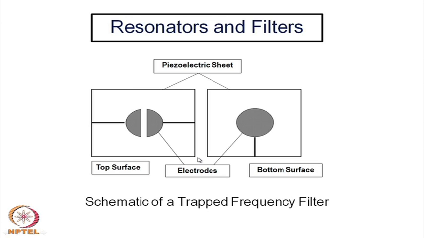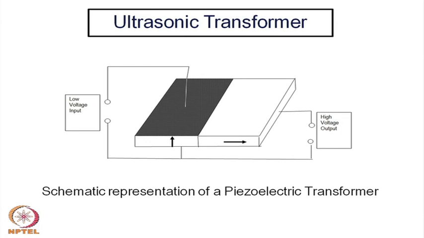So, there are many different kinds of filters, but piezoelectric filters are one application where you use piezoelectric materials. Piezoelectric materials can also be used as what they call ultrasonic transformers. Okay. Here again you have two pieces of material. In a transformer, as one knows, you isolate two different electrical signals. They are not connected, but they are isolated, and one arm of the transformer has one particular signal, another arm has another signal.